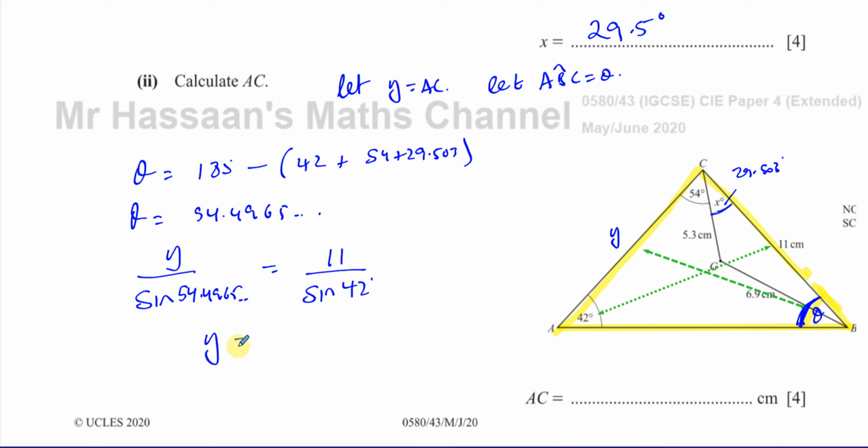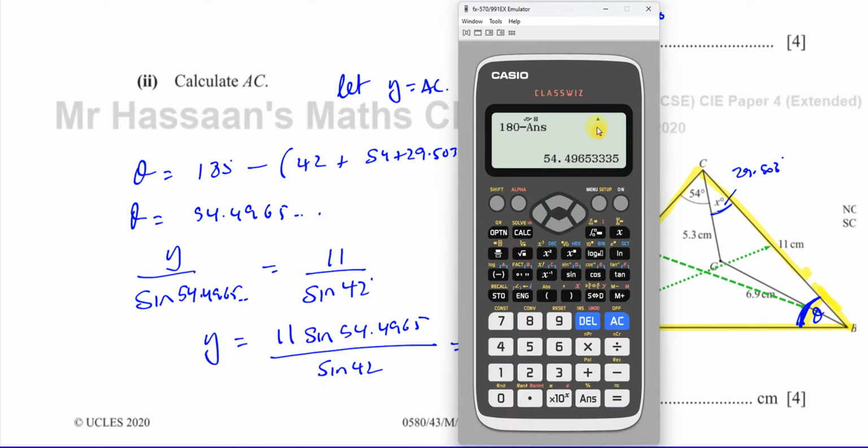So therefore, y is going to be 11 times the sine of 54.4965 over the sine of 42. I'm going to do 11 times the sine of our last answer all over the sine of 42, and we're in degree mode, of course.